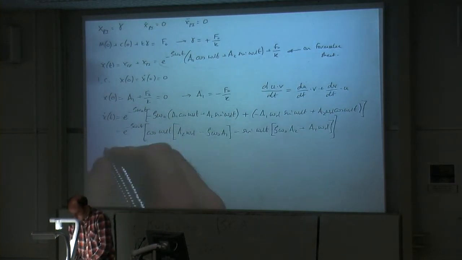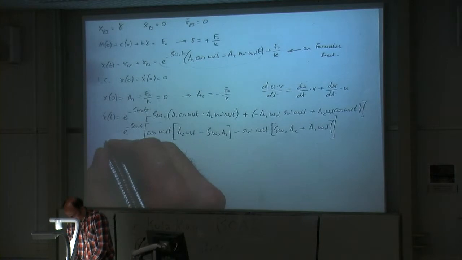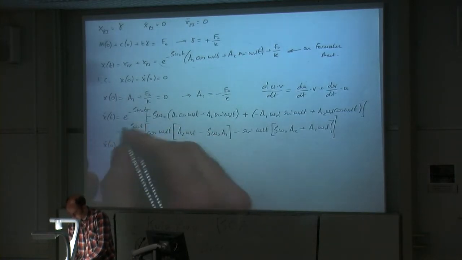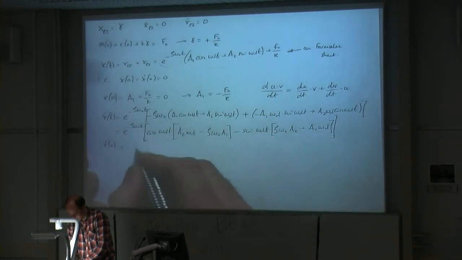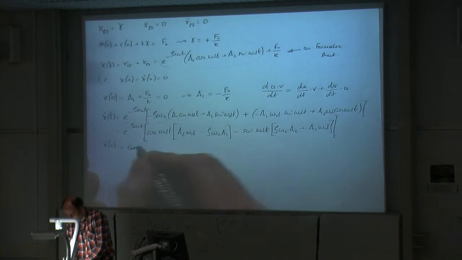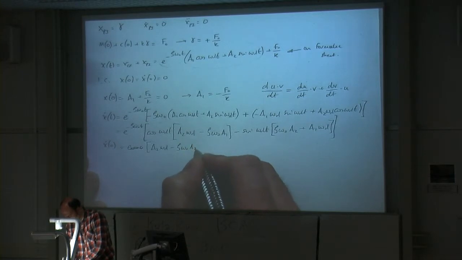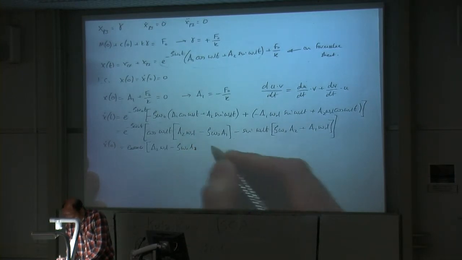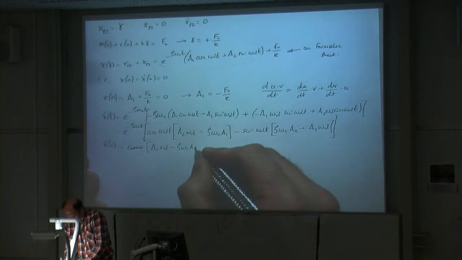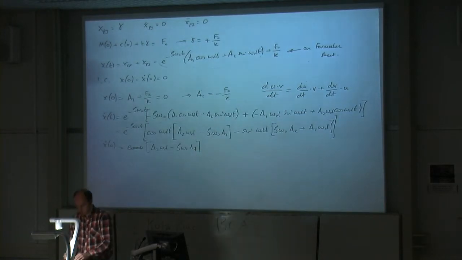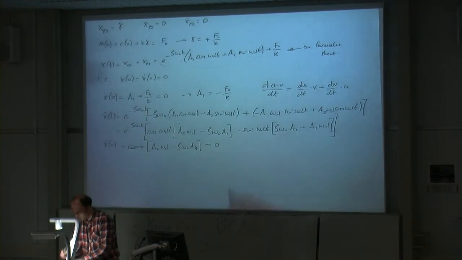And we know that when t is 0, x dot of 0 equals 0. Well, this exponential term obviously drops to 1, so let's not worry about that. Cosine of 0 is 1, so we have this term, a2 omega d minus zeta omega naught a1. And sine of 0 is 0, so that term disappears. So this term must equal 0.